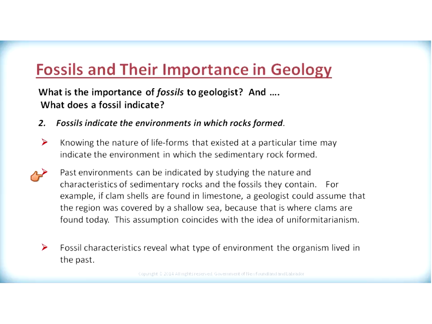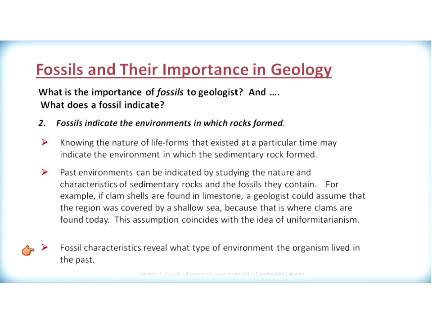Past environments can be indicated by studying the nature and characteristics of sedimentary rocks and the fossils they contain. For example, if you have a clamshell found in limestone, a geologist could assume that the region was covered by a shallow sea, because that is where clamshells are found today. And this assumption ties back to a topic in Unit 1, which we refer to as uniformitarianism.